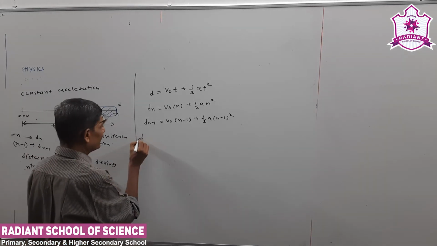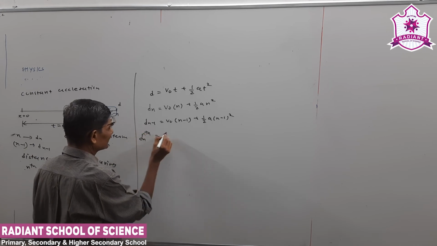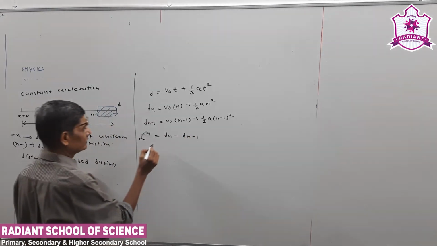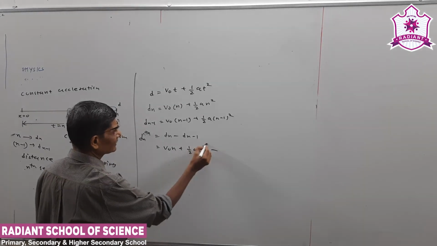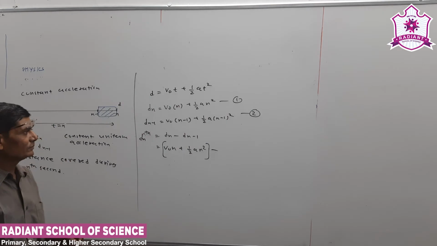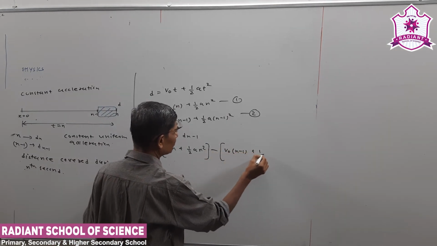So we can write d nth, this will be dn minus d n minus 1. Okay, it will be v0 n plus 1 by 2 a n square. Okay, this is our first equation. Let us say this is our second equation. It will be minus v0 into n minus 1 plus 1 by 2 a n minus 1 whole square.